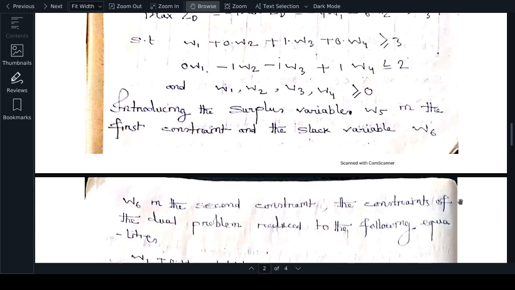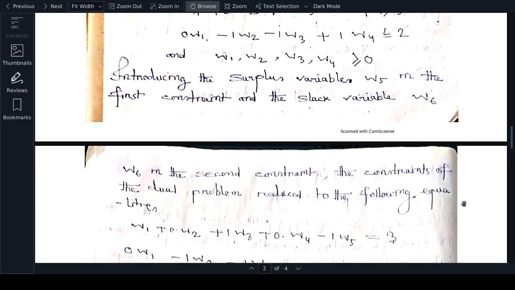When we use a surplus variable, immediately we use another variable, an artificial variable. An artificial variable is used for getting the identity matrix. But in this problem, we will not use an artificial variable.